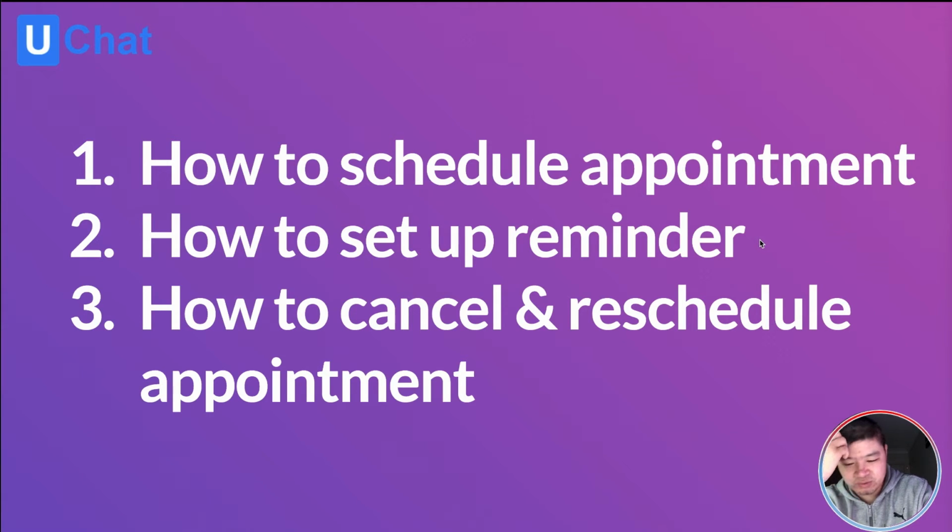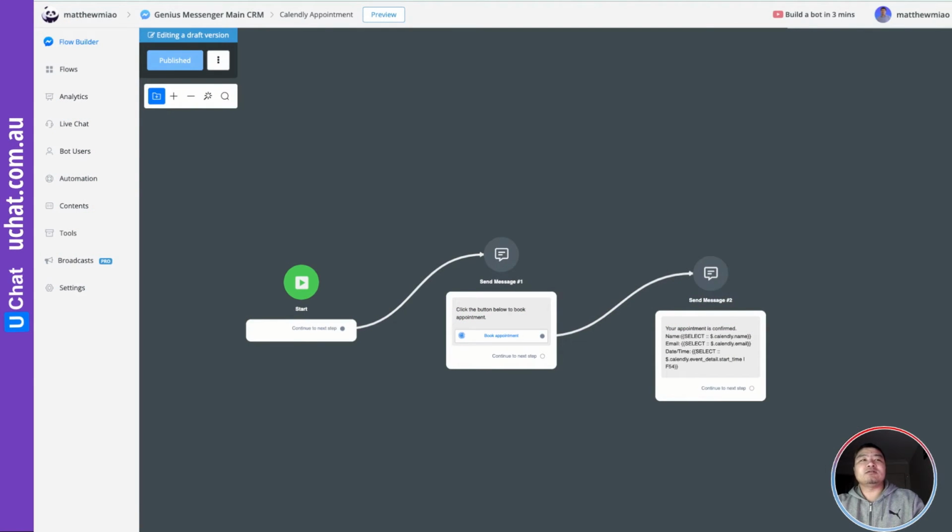So how are you going to do that? And it's also very easy. So the first step is you need to save this appointment date and time into a datetime custom field. And the second is you can use a datetime trigger to trigger the reminder flow.